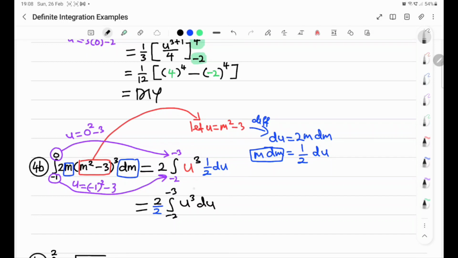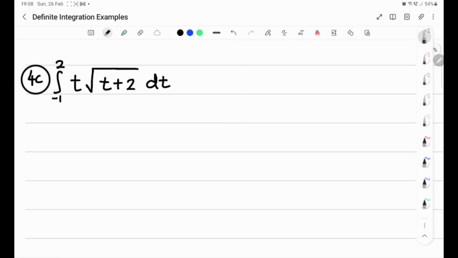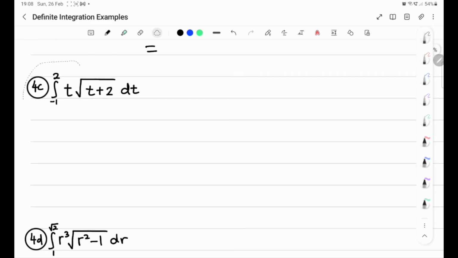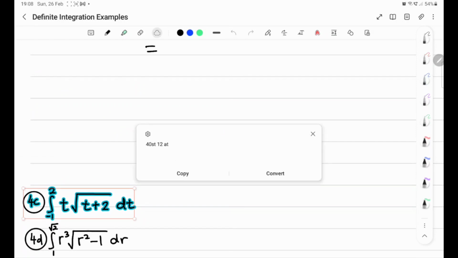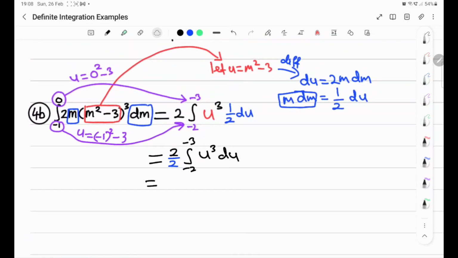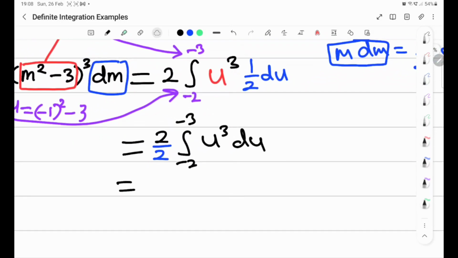Then 2 over 2 is 1. Leave it like that. So we can proceed with the integration.